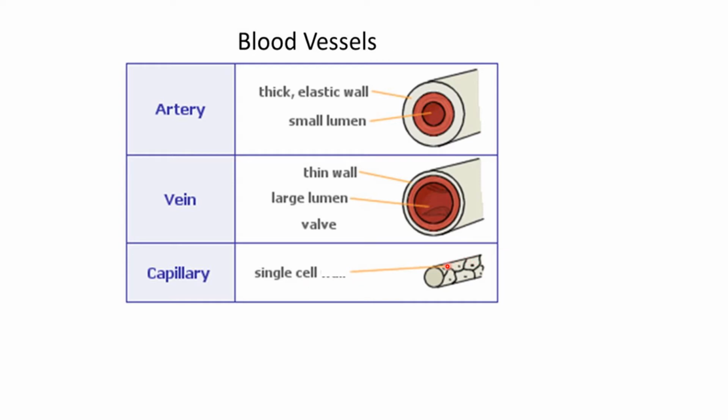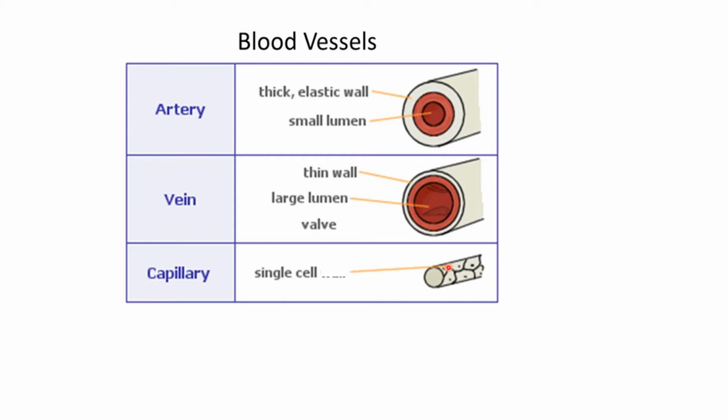These are very thin, so easily they can exchange the material, as we have seen in case of the oxygen. When we breathe in oxygen, and alveoli are rich with the blood capillaries, so oxygen diffuses inside the blood capillaries. In the same way, when carbon dioxide has to release, this carbon dioxide also gets diffused into the capillaries, and then we breathe it out.